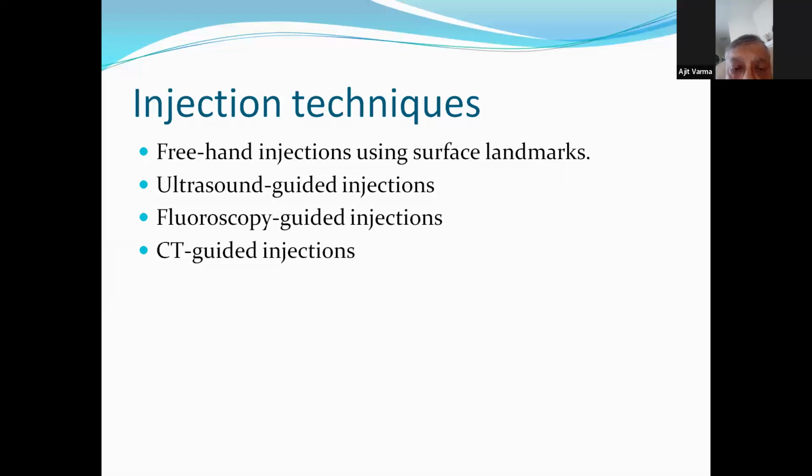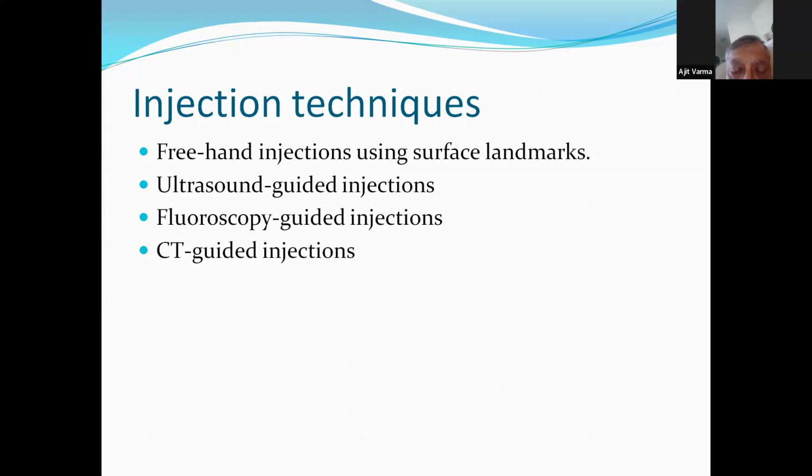Again, that requires special equipment, a special OT setup. Every setup will not have that facility of C-arm or a dedicated OT. And at that time, we are required to be competent in freehand injection using surface landmarks.